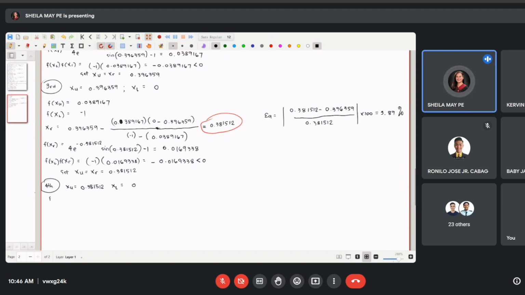Now we need to find our x sub r: 0.381512 minus function of x sub u, 0.0169338, multiplied by x sub l minus x sub u, over function of x sub l minus function of x sub u.